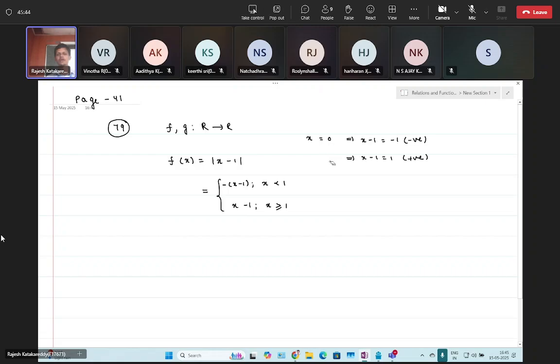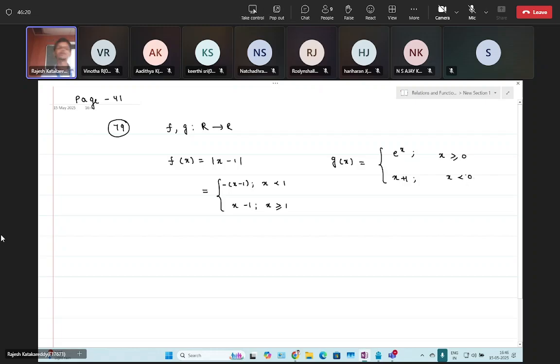Clear? This is how I break the modulus function by equating to 0. Only one root, two cases. Two roots, three cases, and so on. Clear? Now g of x is also given. g of x is also a non-uniform function. What is g of x? g of x is equal to e to the power x when x is greater than or equal to 0, and x plus 1 when x is less than or equal to 0.